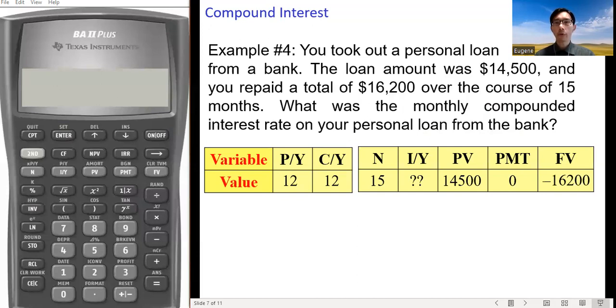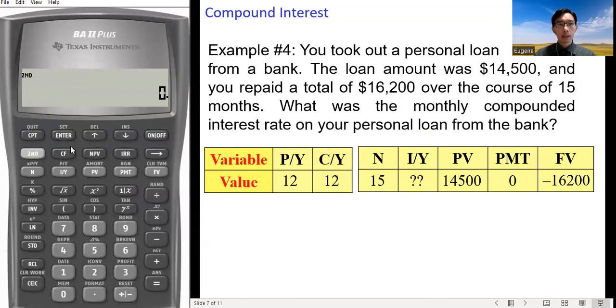This is a cash outflow. Solve it using the TVM worksheet. Activate the frequency worksheet. Enter 12 for the frequencies. And then we can quit the frequency worksheet after the input.